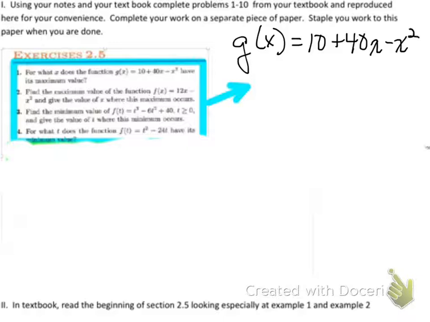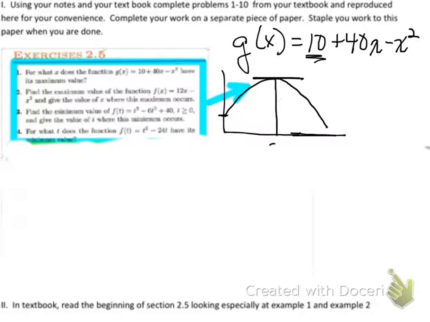We know the shape of this function, and 10 is your y-intercept. It looks like this. So I know if I find where the slope is 0, that's going to give me the critical value that will maximize my function.